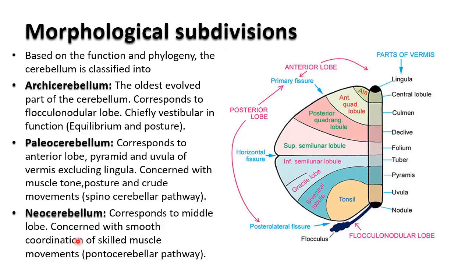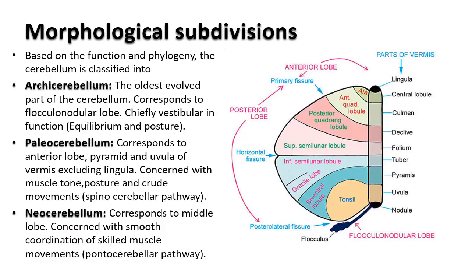So the neocerebellum is mainly responsible for the performance of skilled muscular movements, which has extensive connections with your cerebral cortex through the pons. That is why they are called pontocerebellar fibers, neocerebellum.